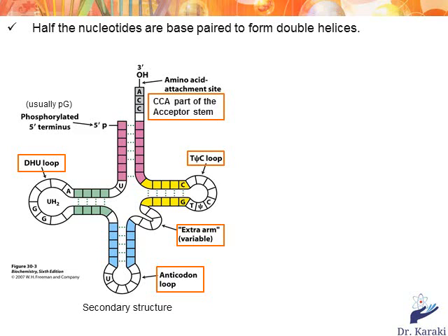The D arm, also known as the DHU arm, that contains dihydrouridine, the anticodon loop that contains the anticodon complementary to the codon of mRNA, a variable loop, and the T-psi-C loop that contains unusual bases such as T, the ribothymidine, and Psi, the pseudouridine.